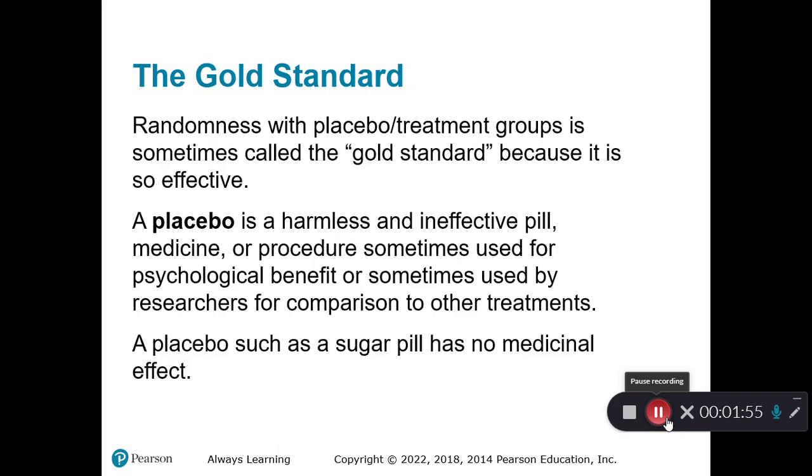So a placebo is a non-treatment. It has no actual physical effect, but when given to certain individuals in a study group versus other individuals who are receiving the actual real treatment, we can make more valid comparisons as to the effectiveness of the treatment.